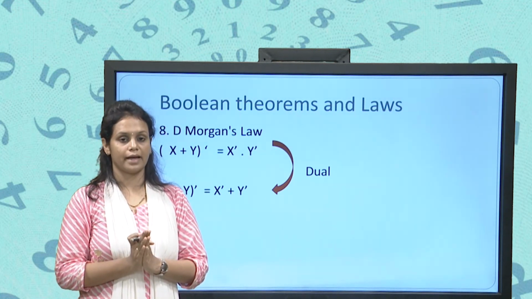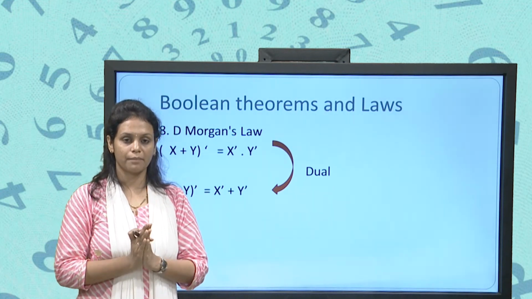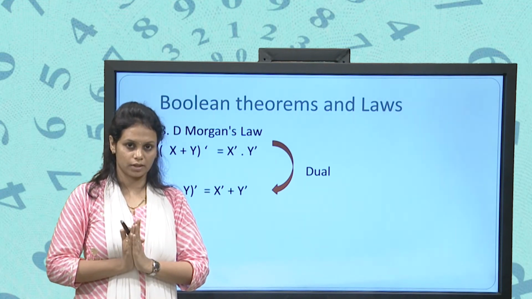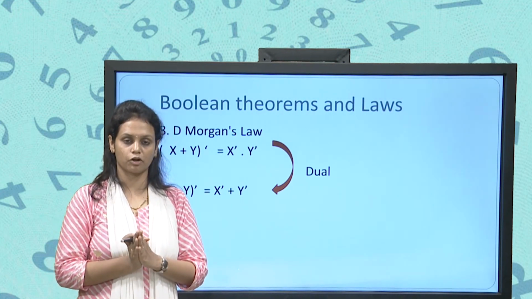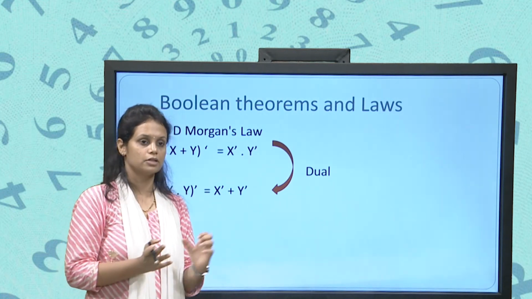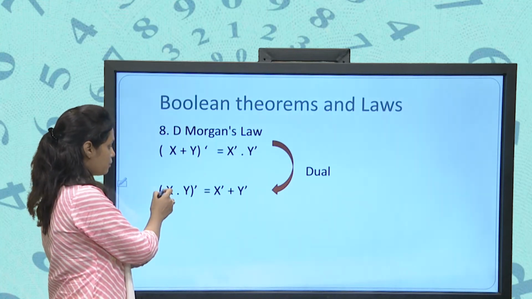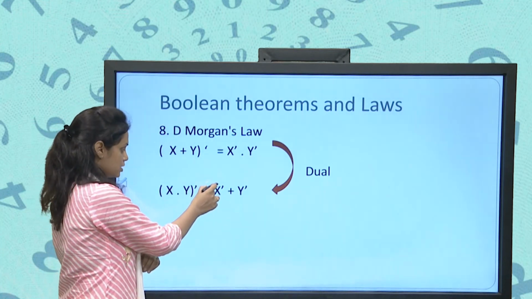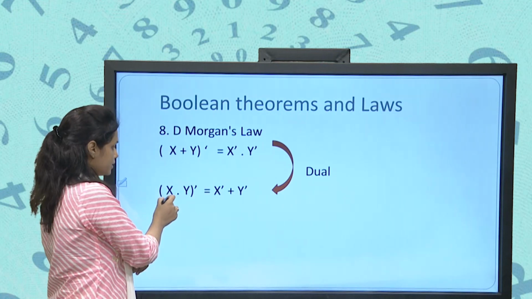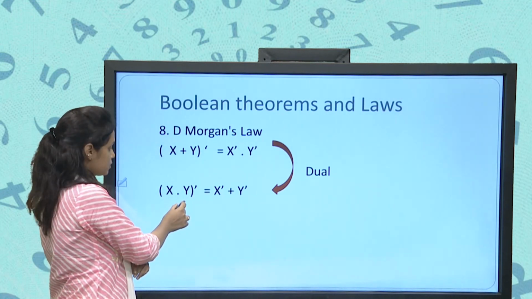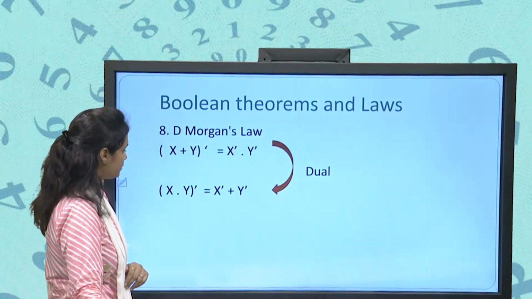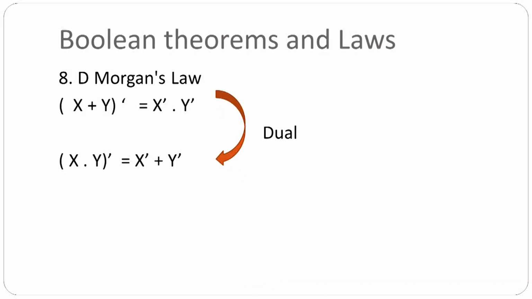Then the complement of intersection, that is union, and then the complement of B, that is B dash, right. So here, first we make the complement of x, that is x dash, then the complement of this dot, that is plus, and then the complement of y, that is y dash, okay.